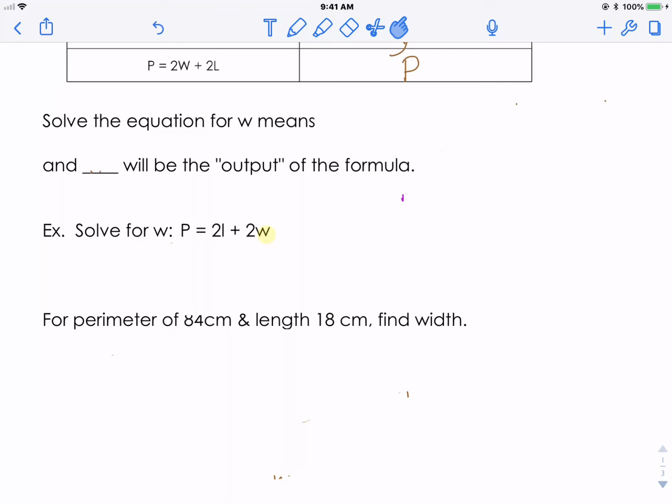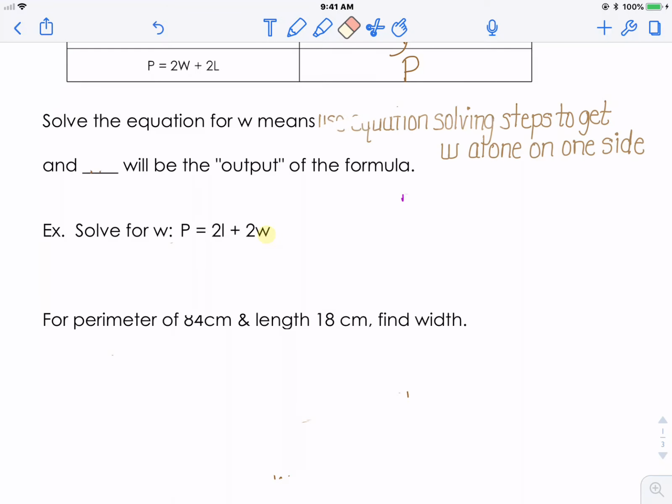So in the next part, you're going to solve the equation for W. And what that means is that you're going to use your equation solving steps that you know how to do, which think of SADMEPs, subtract, add will undo, then multiply, divide will undo, to get that W alone on one side through good algebra. W will then become the output to this formula instead of P, which is the current output. The way it would be phrased in homework would be solve for W.